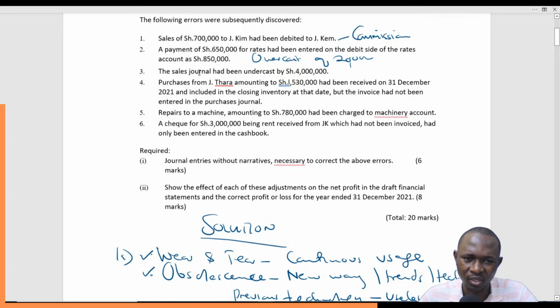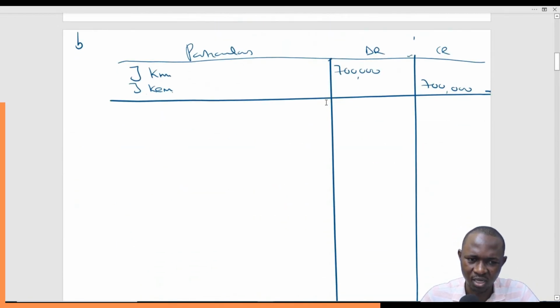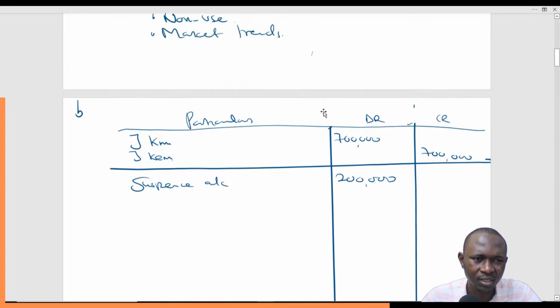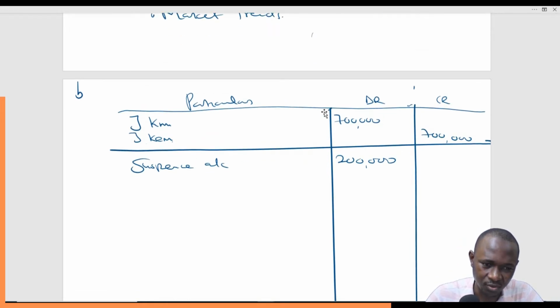So we have to credit this account by 200,000. So we'll come here and say debit suspense account, because it has affected one side of the account, suspense account 200,000, and then we credit the overcast, rates account, 200,000.